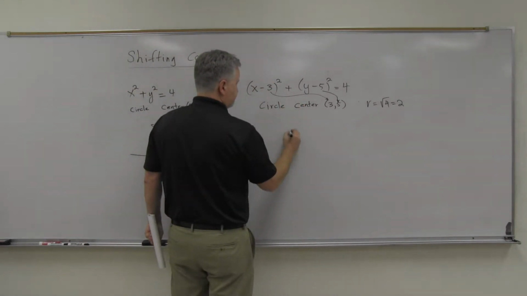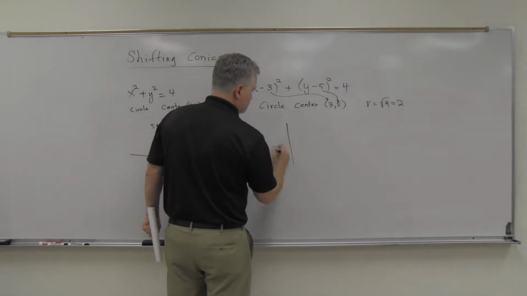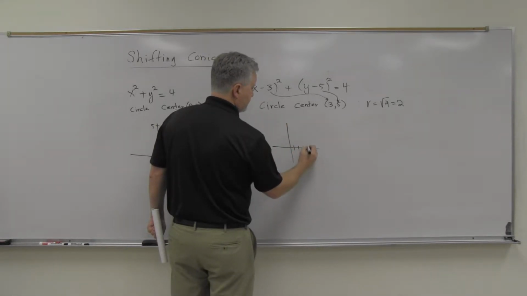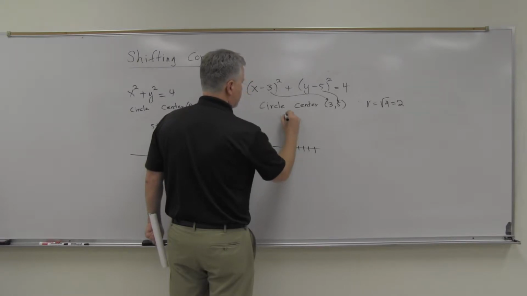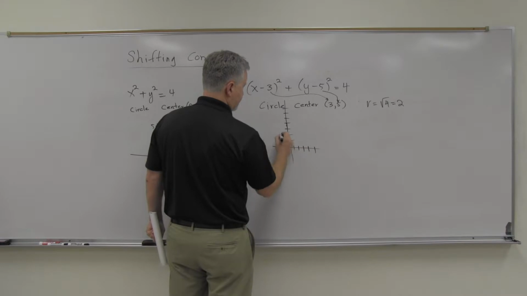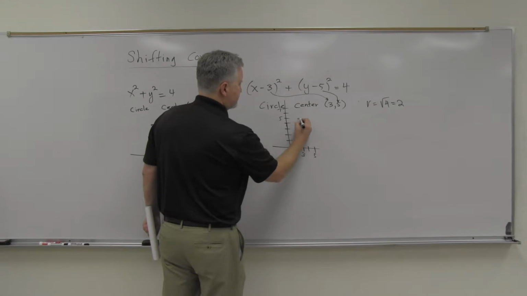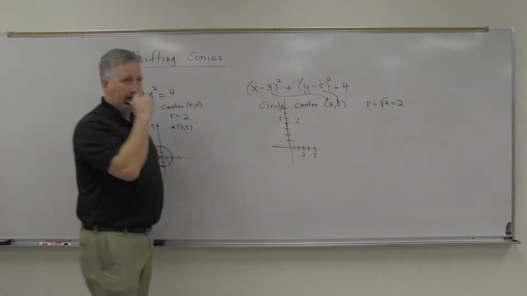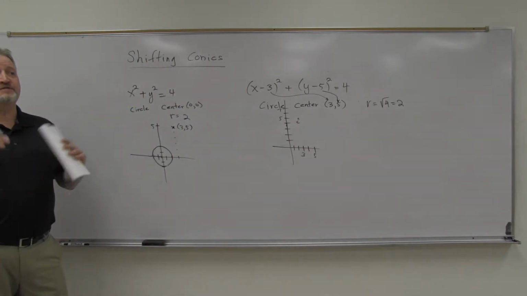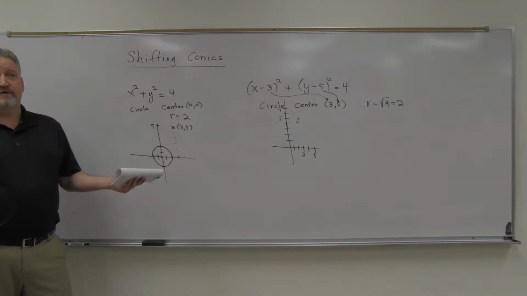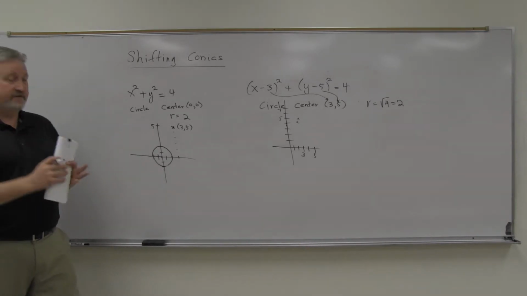So we've got 1, 2, 3, 4, 5. 1, 2, 3, 4, 5, 6, 7. I think is what we'll need there. So at 3, 5, there's my center. And so we know it's a circle. How do we finish the graph off? Well, we do like we did here.